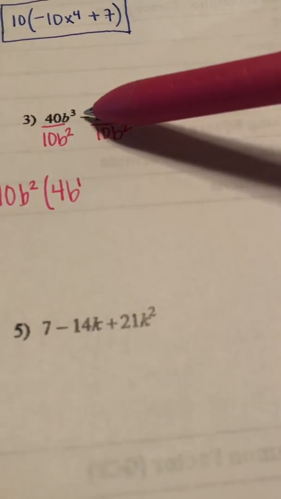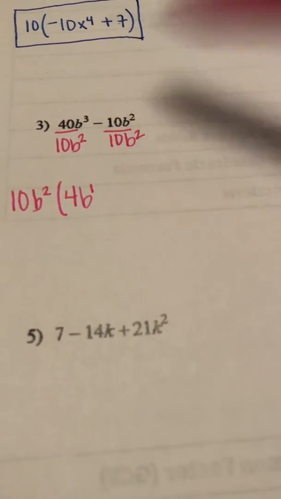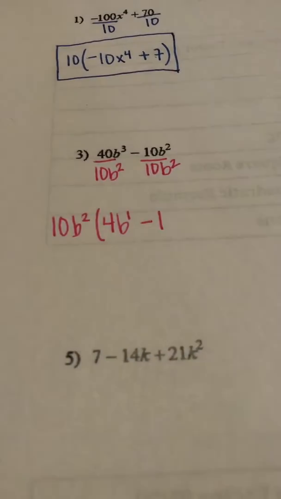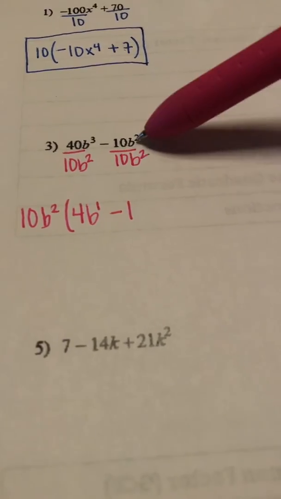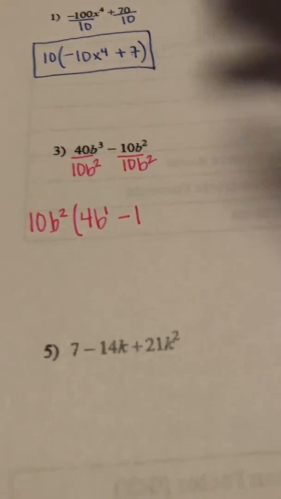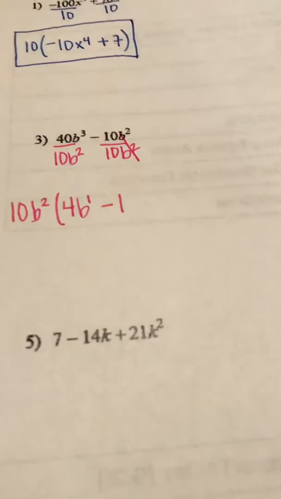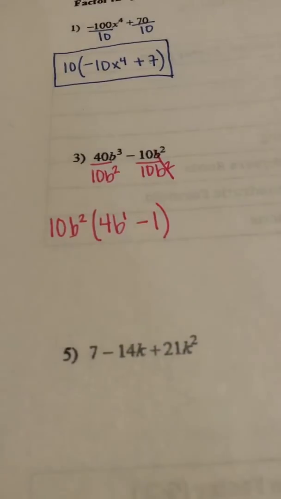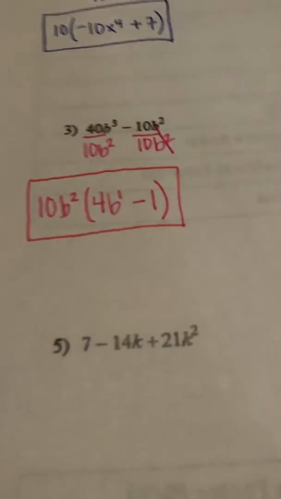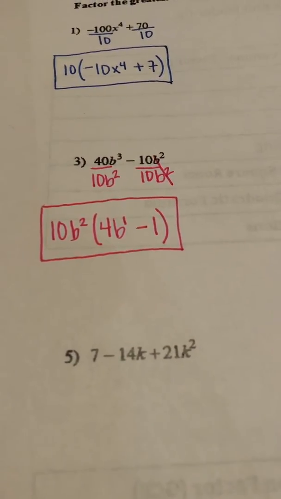Now, this time we have negative 10 divided by 10, which is negative 1, so I'm going to put minus 1. Now, b squared and b squared, when they're the same on top and bottom, I know those cancel out, so there's no b's left with negative 1. So there is our factored answer, with 10b squared being the greatest common factor.